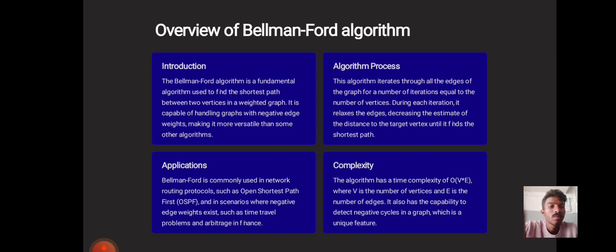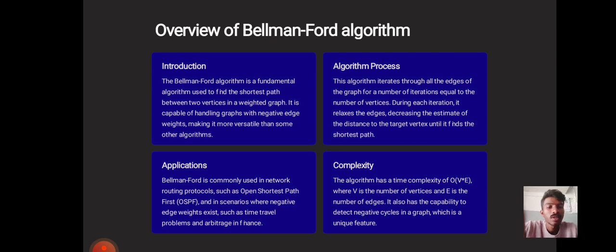The algorithm goes through all the edges of the graph for a number of iterations equal to the number of vertices. During each iteration it relaxes the edges, decreasing the estimate of the distance to the target vertex until it finds the shortest path.